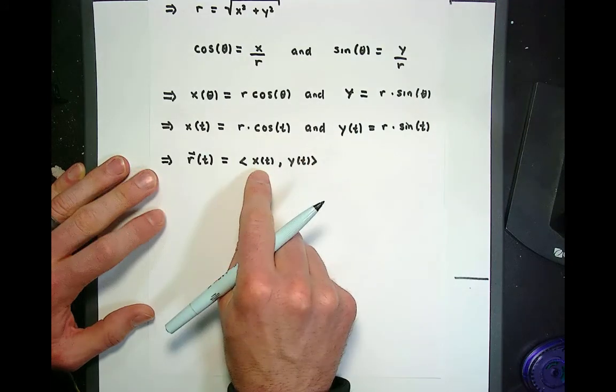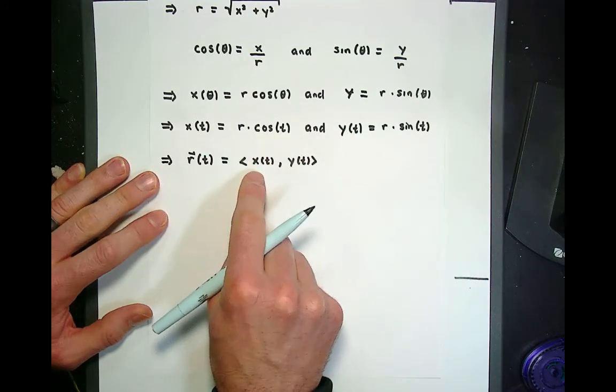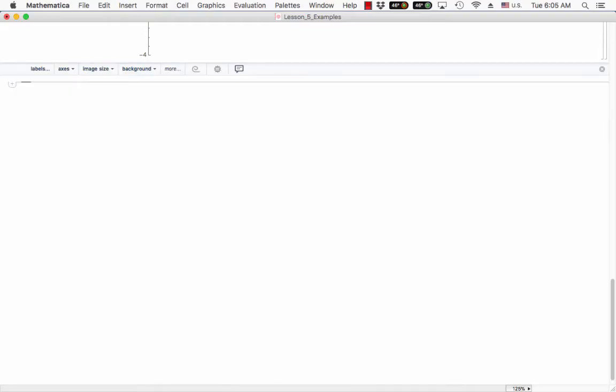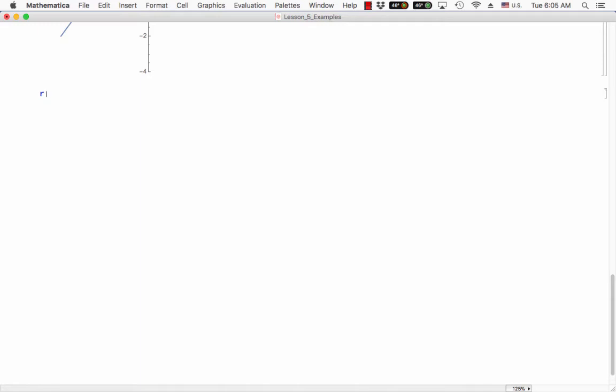Let's go ahead and boot up Mathematica and see how this works in practice. Here we are in Mathematica. We're going to do a parametric plot for a circle. Let's begin by defining our circle as having radius 5 to correlate with this example that we just did.